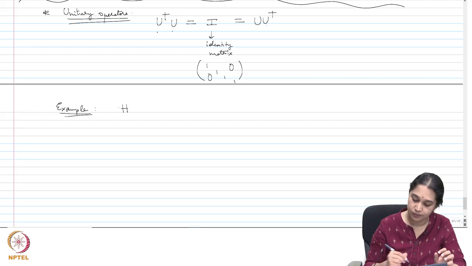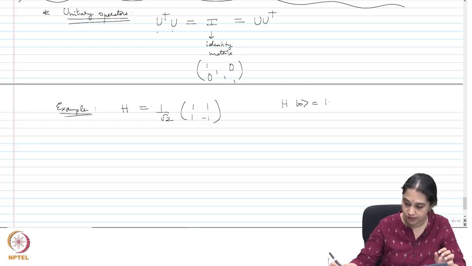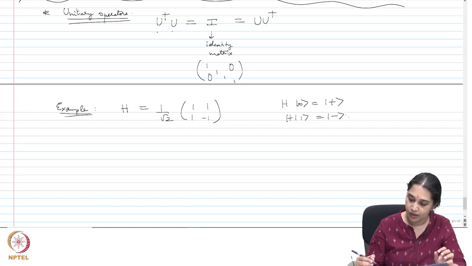Recall the H matrix which we wrote down, which had the form 1 1 1 minus 1, and recall that H acting on ket 0 gave us plus and H acting on ket 1 gave us minus. Now what is H adjoint? Well, H adjoint is basically the complex conjugate transpose.